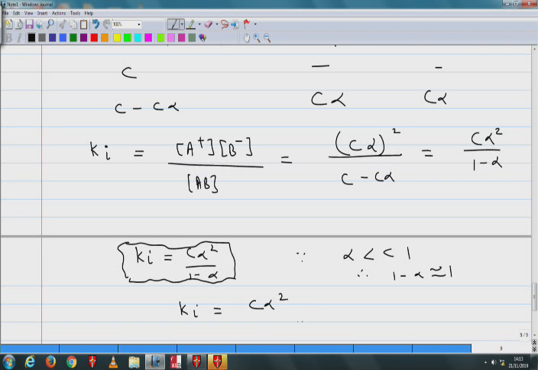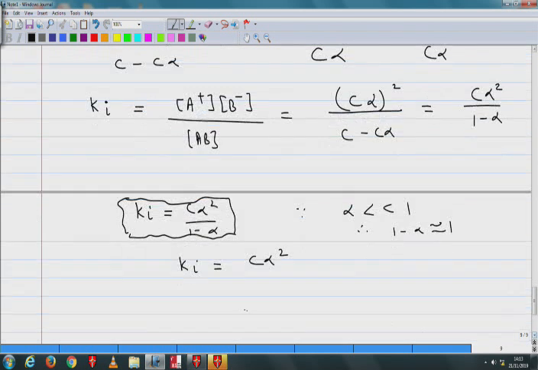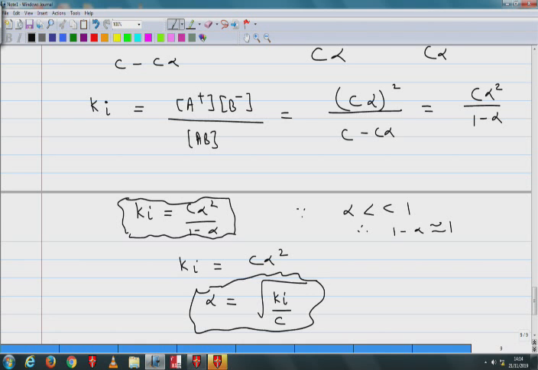And here I can calculate the value of alpha, which is under the root Ki upon C. This is the required formula. Here you can get the value of alpha. Any doubt about it? Clear to everyone?